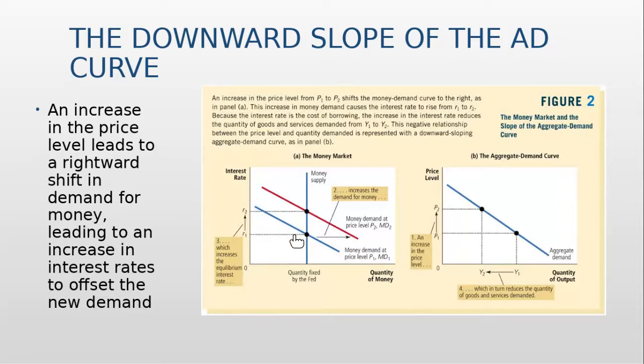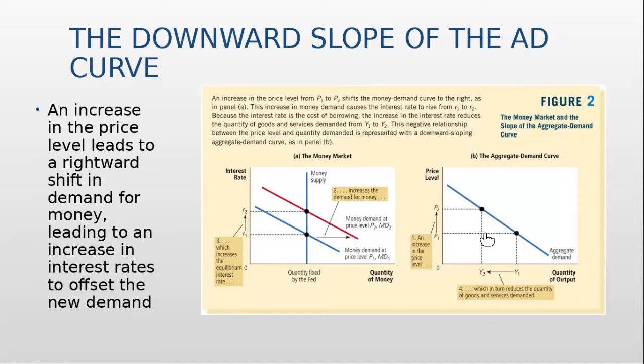But ultimately, what this does is in turn reduce the quantity of goods and services demanded further. Why is this? Well, higher interest rates are the cost of investment. And so if the cost of investing has gone up, investing will go down, which leads to a decrease in aggregate demand. And so this is sort of the cyclical nature that we're looking at here.